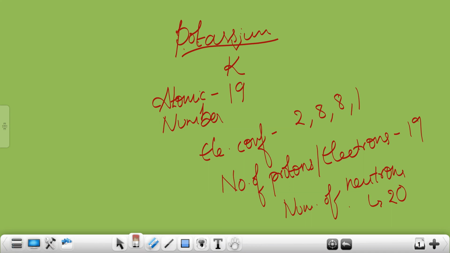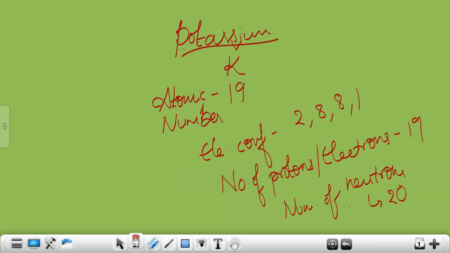In the innermost shell it has 2 electrons, in the next shell 8 electrons, in the next shell 8 electrons, and in the last shell 1 electron. Hence its configuration is written as 2, 8, 8, 1. The number of electrons and protons in potassium is 19, and the number of neutrons is 20.